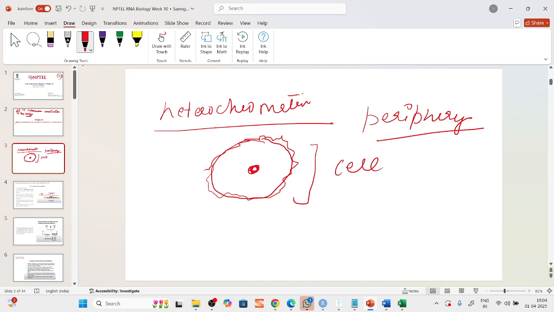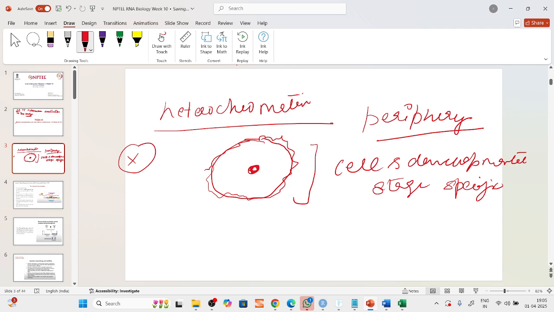This is cell and developmental stage specific. What is the meaning of this cell and developmental stage specific? This means that it's not like some certain gene X, suppose there's a gene X, in all the cells it will be present in the nucleus, or in every developmental stage it will be present in the nucleus.